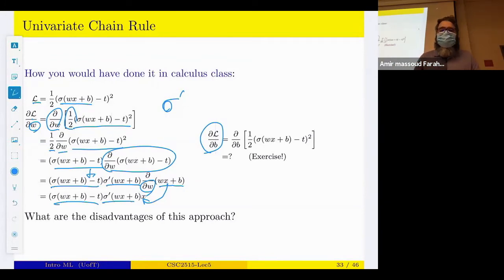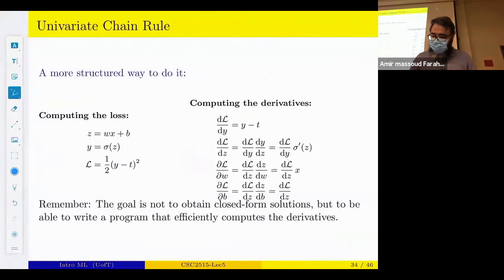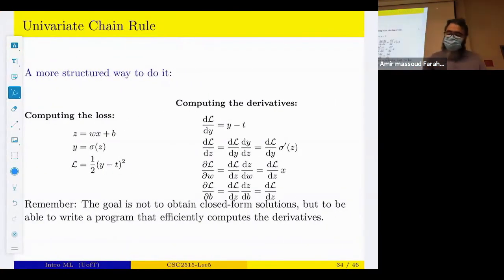So what we want is an approach that is more systematic, more algorithmic, in the sense that we can let a computer do this calculation for us instead of doing it manually. So let's try to have a more structured way.